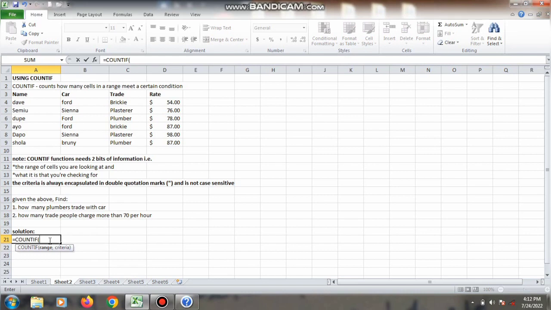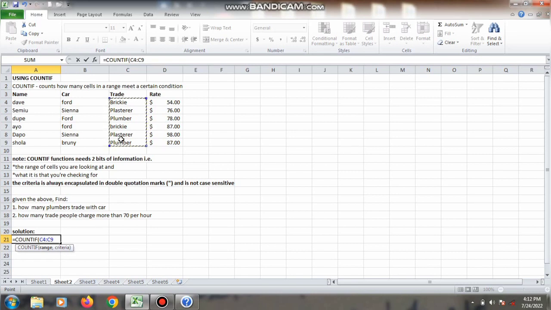Our trade is in which column? It is in column C. I'm going to use a range of cells so that we can apply all we have been taught.